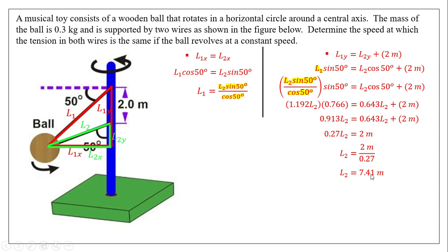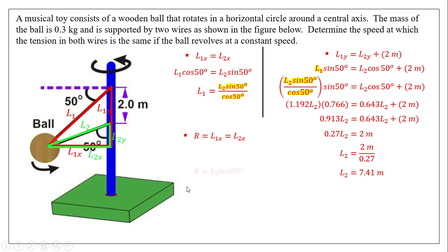Well, now that I know L2, I can find what R is, right? R is either L1x or L2x because that's the radius of the conical system. I made a statement that R is indeed L1x or L2x because L1x and L2x are the same, and they're the distance from the central axis to where the mass is.